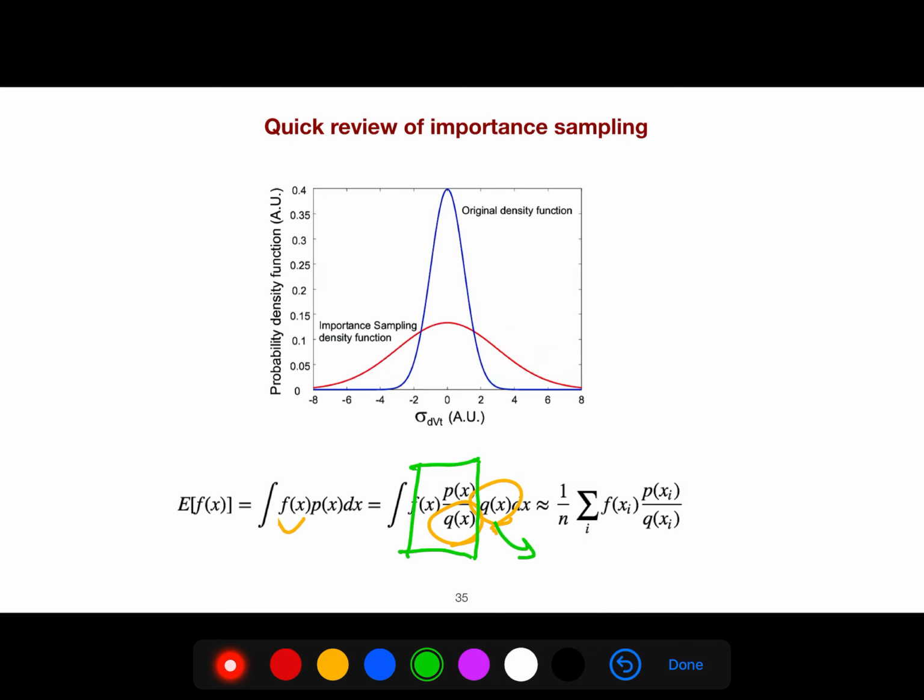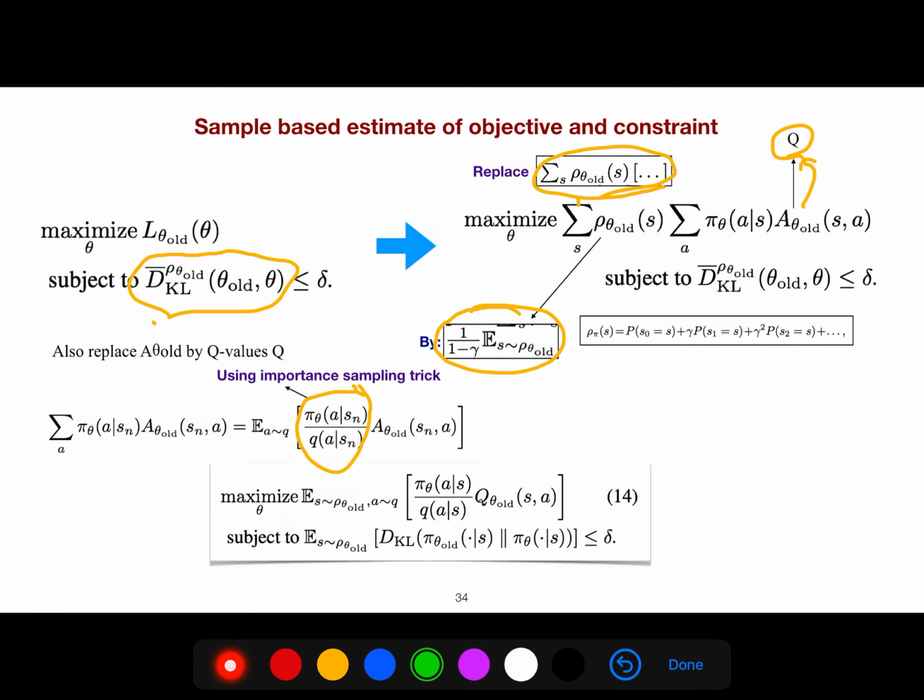So this is the trick that we use in importance sampling in order to justify this term. And this is the advantage function that I mentioned. Advantage function, replace it with just Q, because advantage is already Q minus the value function. Just omit the value function.